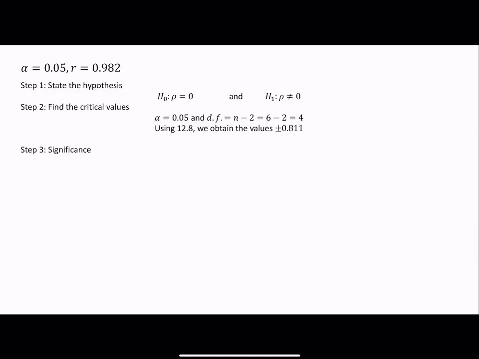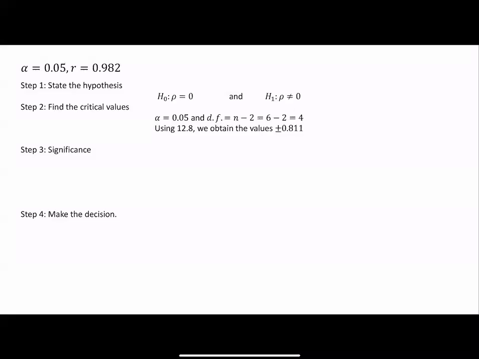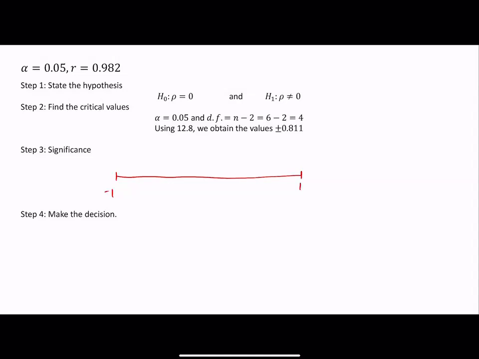Once we have that, we have to figure out, is it significant? So what is significant? What are we going to write there? So what we're saying is basically, remember, if I draw a number line here, we get all the way to -1, all the way to +1. Our critical values are -0.811, here's 0 somewhere in here, and then positive 0.811.